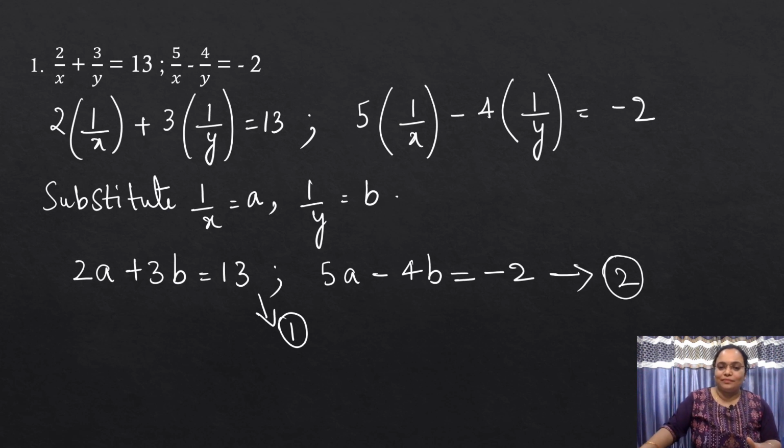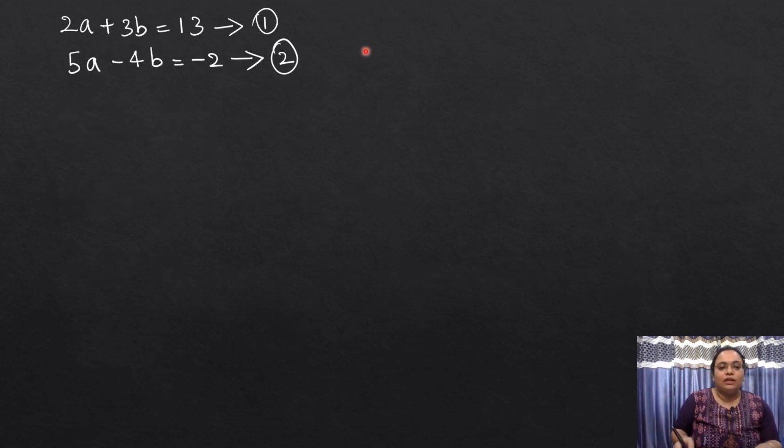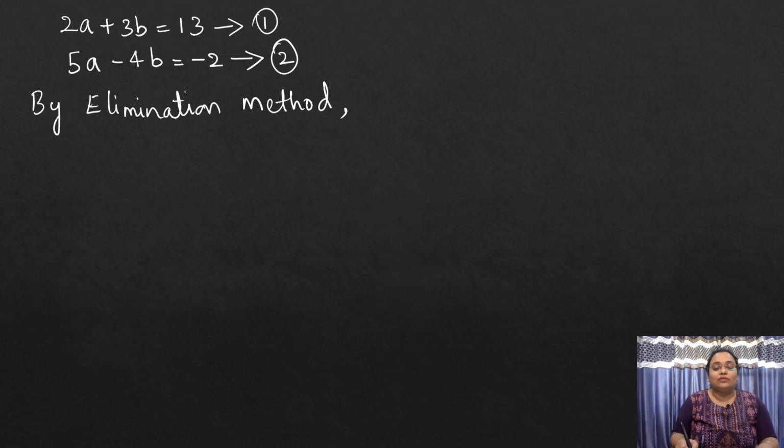Now, let us solve them. This is our equation 1 and this is the equation 2. I will be using the elimination method to solve these two equations. By using the elimination method, the coefficients of the variables should be equal. Are the coefficients of the variables equal?